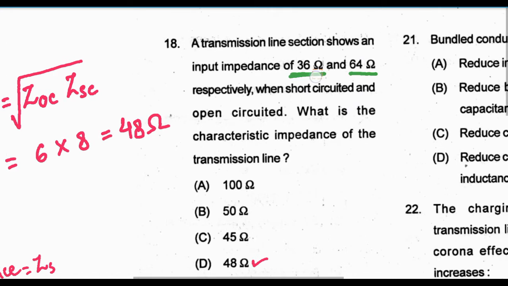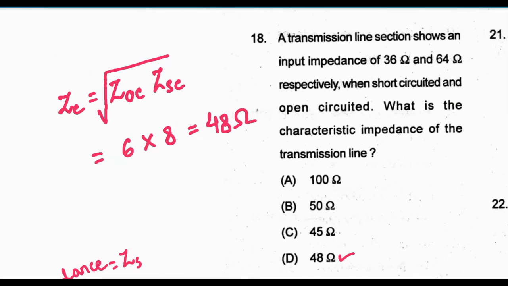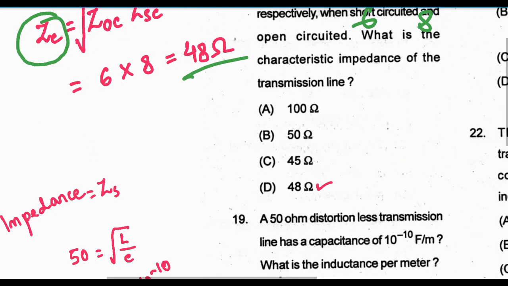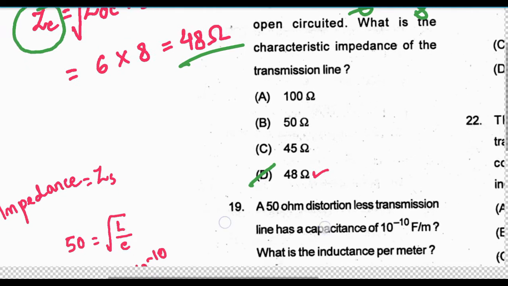The characteristic impedance is the square root of the product of open circuit impedance and short circuit impedance. So ZC equals root of ZOC into ZSC. The root of 36 is 6 and the root of 64 is 8. So 6 into 8 equals 48. So the answer is option D. Next question, question number 19.